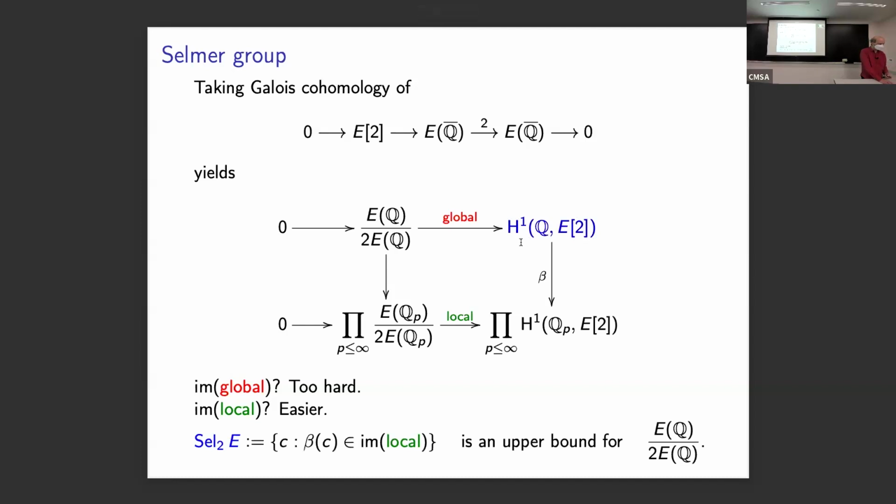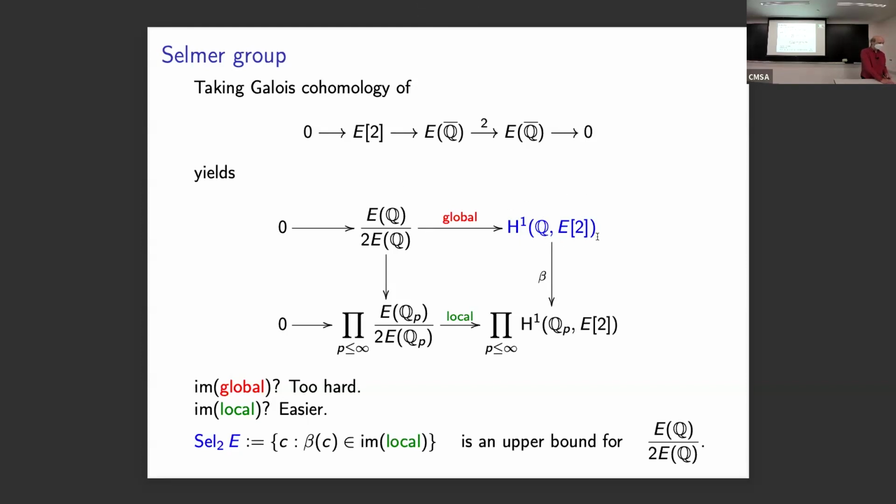So the Selmer group, the 2-Selmer group of E, is a set of elements C in here such that when you map it down, it lands in the image of all the local maps. So it's locally in the image. And so that's an upper bound: a subgroup of here into which this group must land.